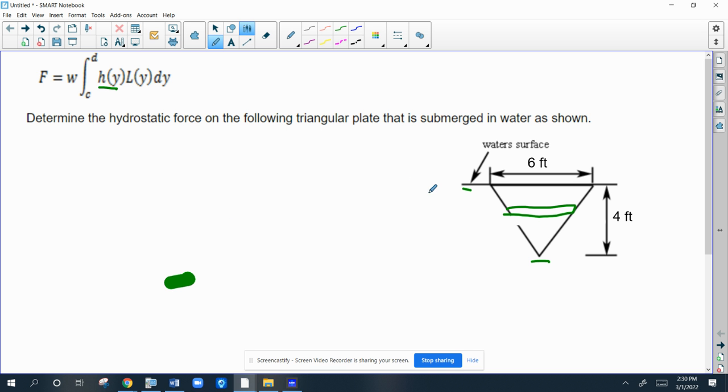So the first thing we're going to do is set this up. A lot of times when I set these up, I like to put the water surface as the x-axis. I'm going to try this one a little bit different. I'm going to draw the triangular surface like this.